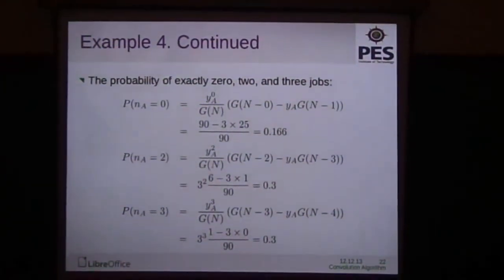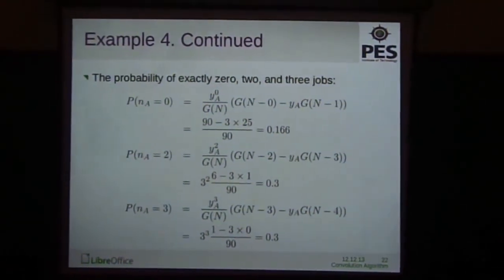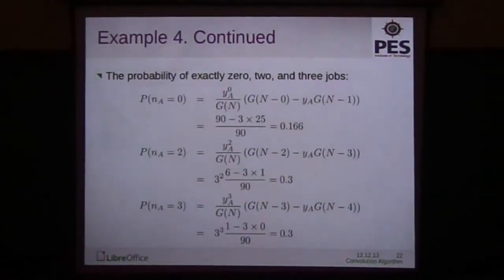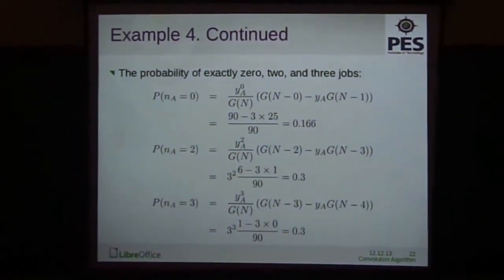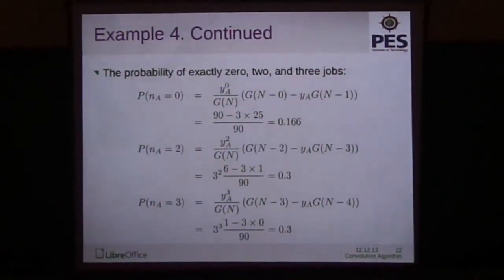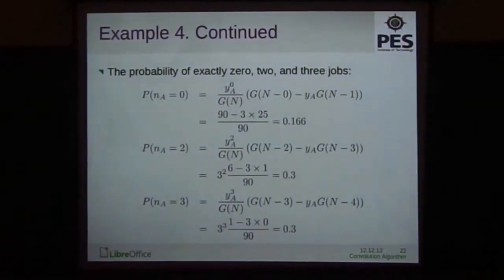And the probability of n equals 3 is g of n minus 3 minus ya g of n minus 4, which comes to 0.3.